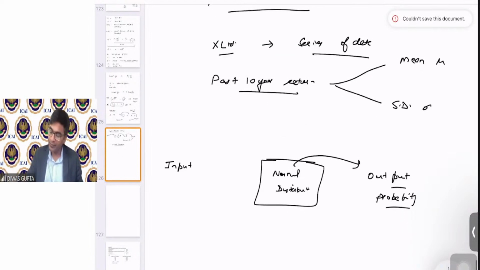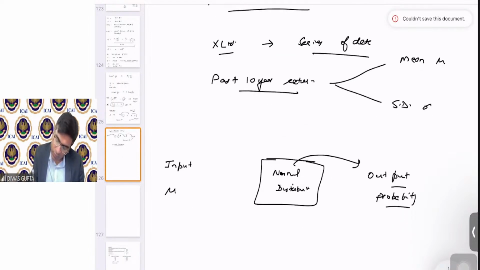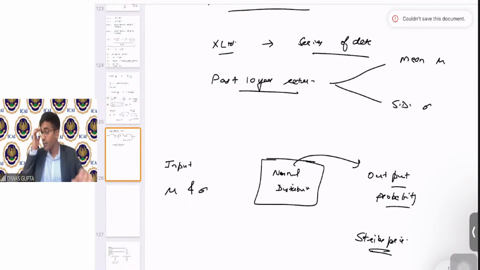Probability of what? Probability that the price will be there. What price? Strike price. Correct? That's what we need. That the strike price will be an outcome as a probability that we will use. I hope this is clear, students. So normal distribution also, students, is given as a part of the question.